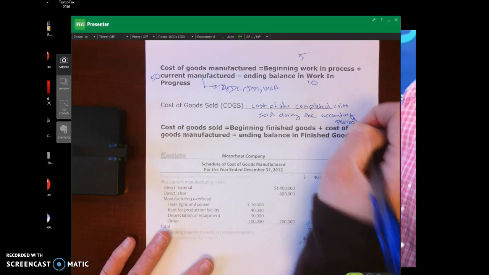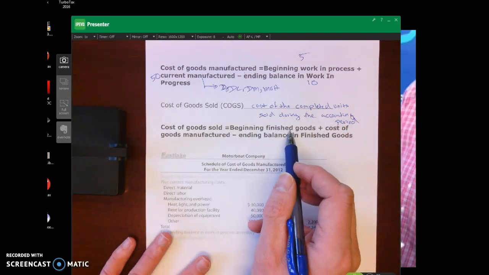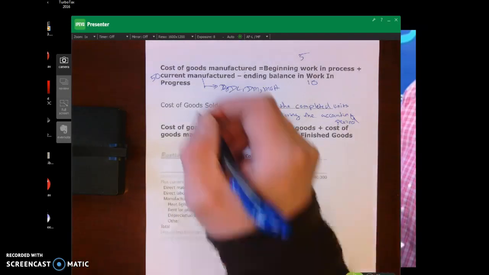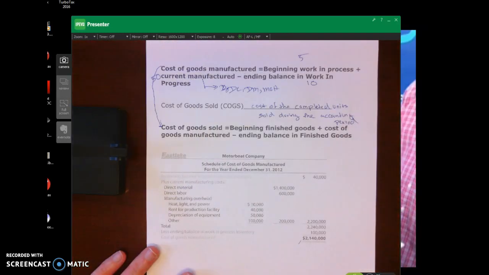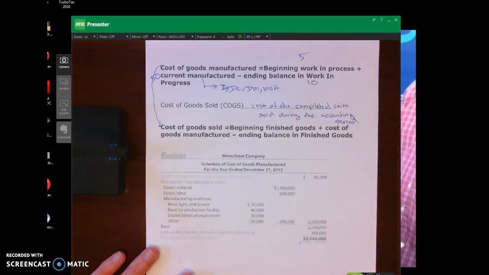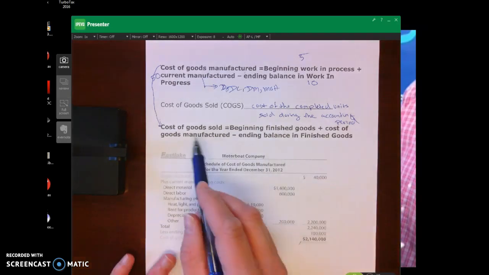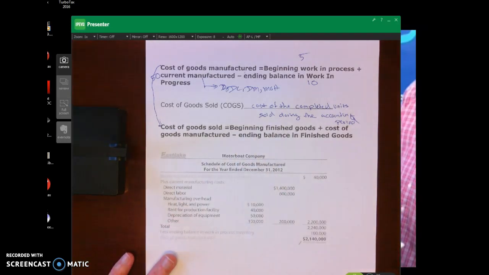And similar to cost of goods sold, we take the cost of our beginning finished goods. Remember, that's equal to our materials, labor, and overhead, plus the cost of goods manufactured. So in order to calculate cost of goods sold, we first have to calculate cost of goods manufactured because that's an input to calculate cost of goods sold. So we take the cost of our beginning finished goods plus our cost of goods manufactured minus the cost of our ending balance in finished goods.